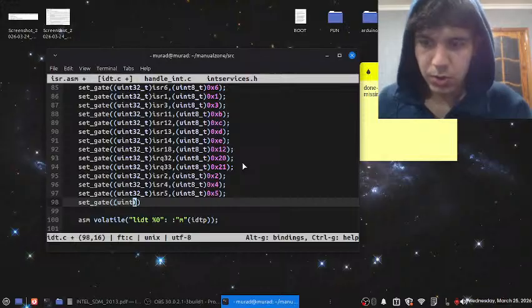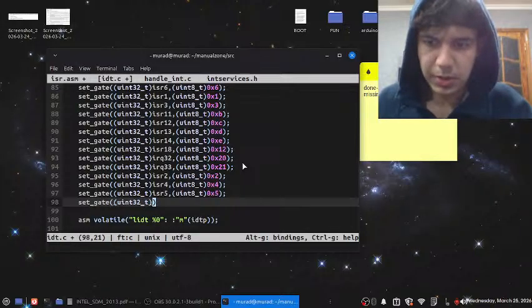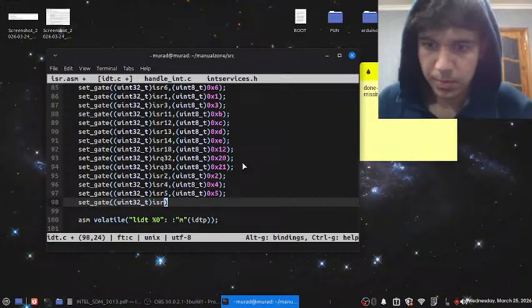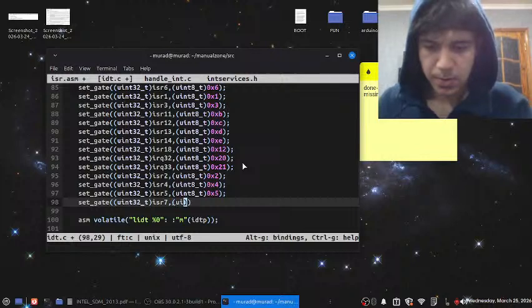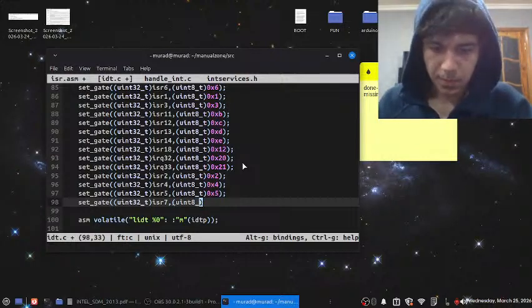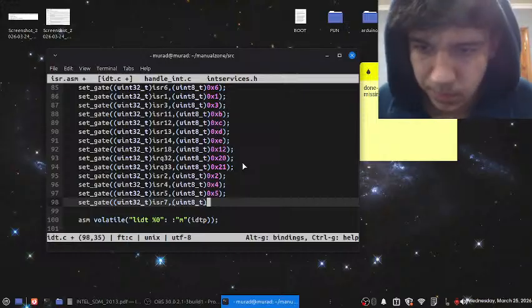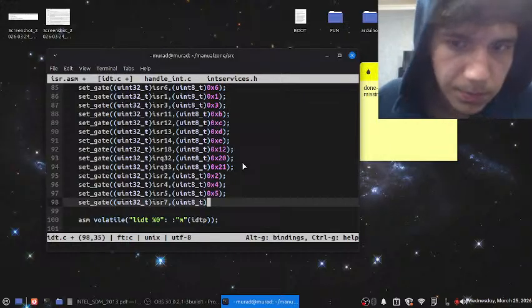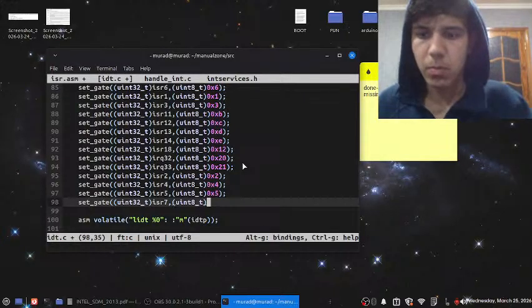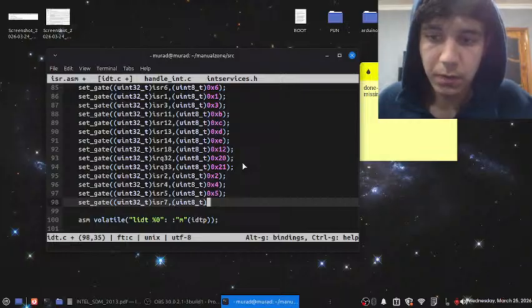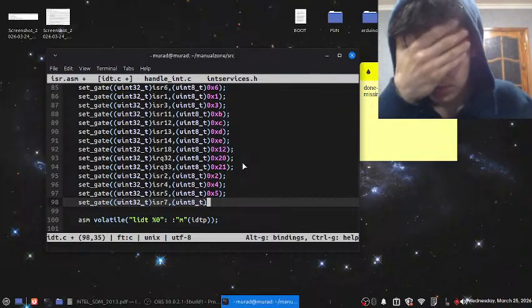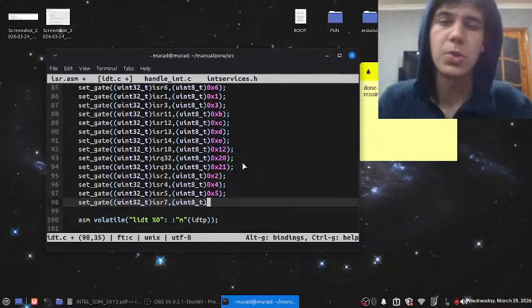It's called Advanced Programmable Interval Timer, and there are more modern versions of programmable interval timers.